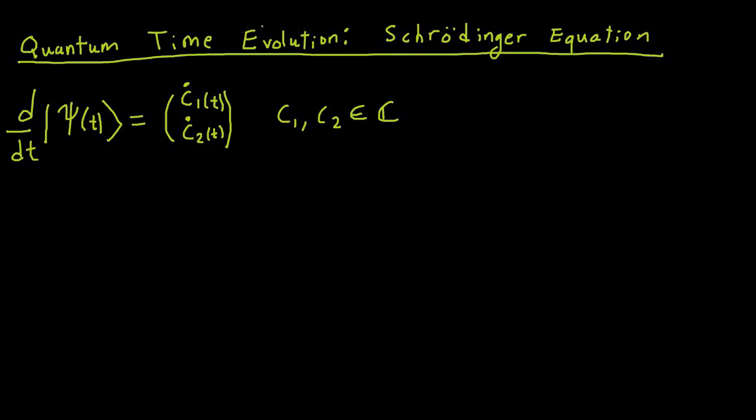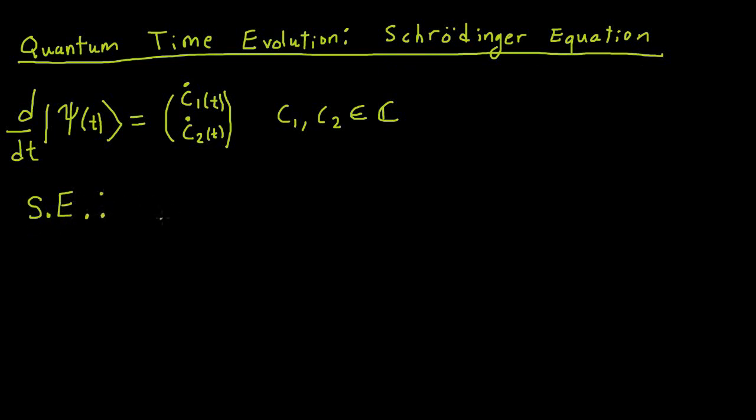So the time derivative of this state is going to be given by an equation called Schrödinger's equation. It's going to tell us how our state evolves in time. So I am now going to write Schrödinger's equation, SE, that stands for Schrödinger's equation.